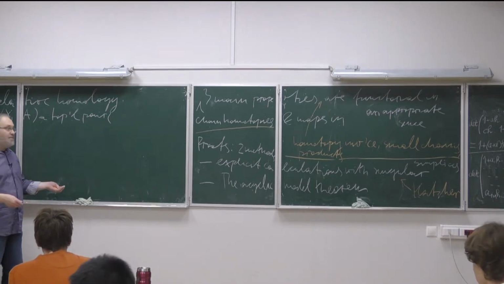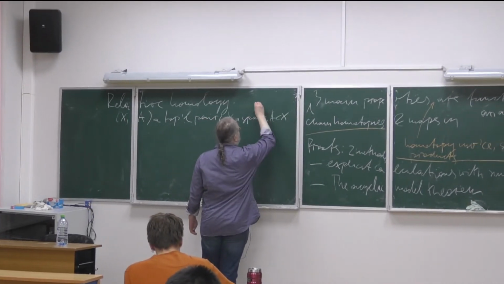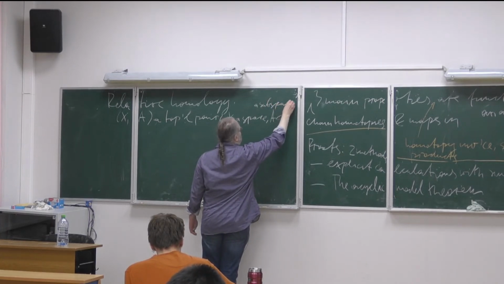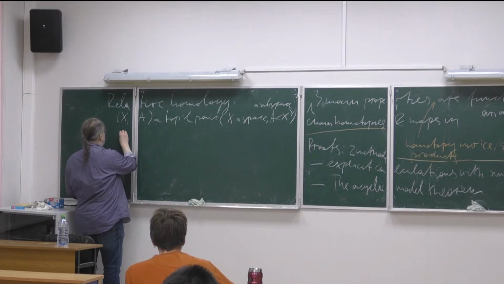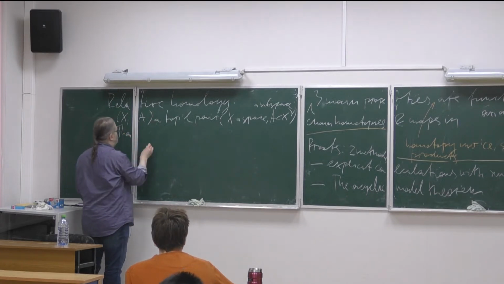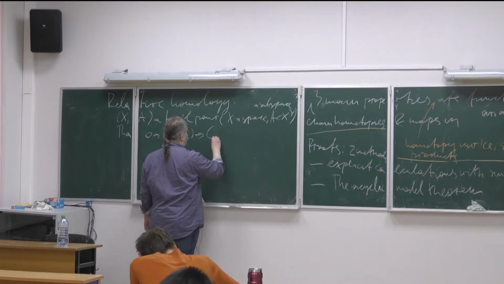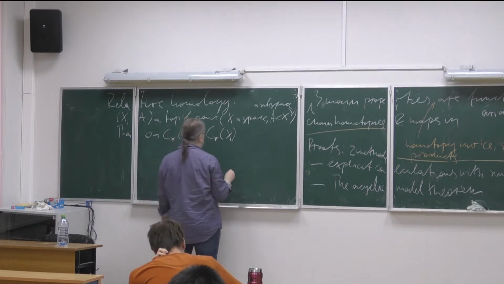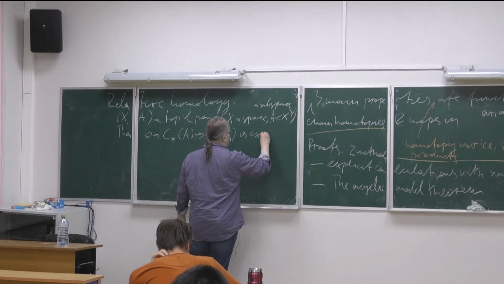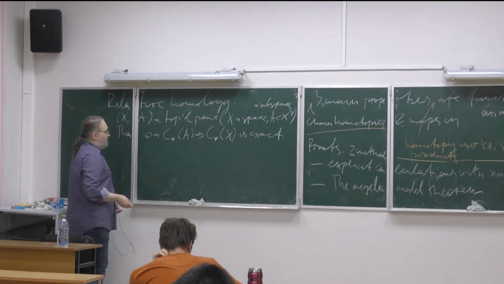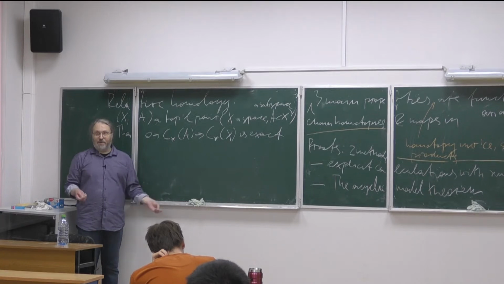Suppose we have a space X and a subspace A. Then C lower star of A is a subcomplex of C lower star of X, which is straightforward.